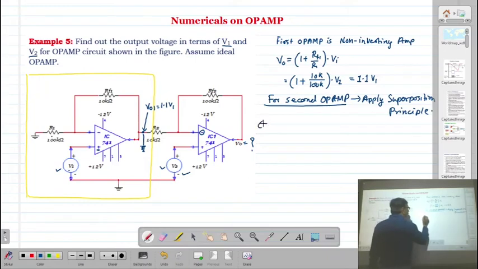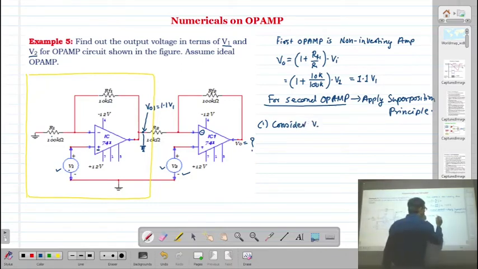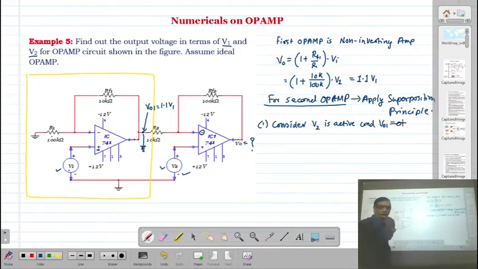So consider the first case: V2 is active and VO1 is 0. Then this operational amplifier is nothing but a non-inverting amplifier. Correct? Here the signal is given to the non-inverting terminal. This R2 is connected to ground, so it is a non-inverting amplifier.